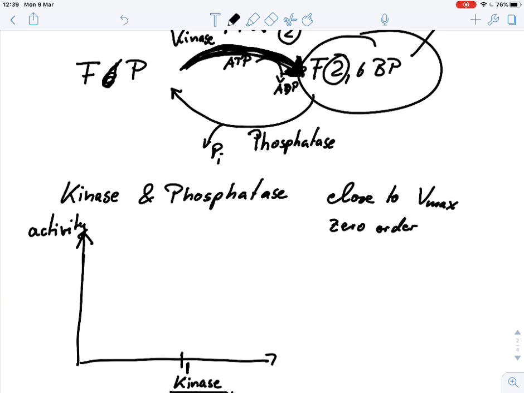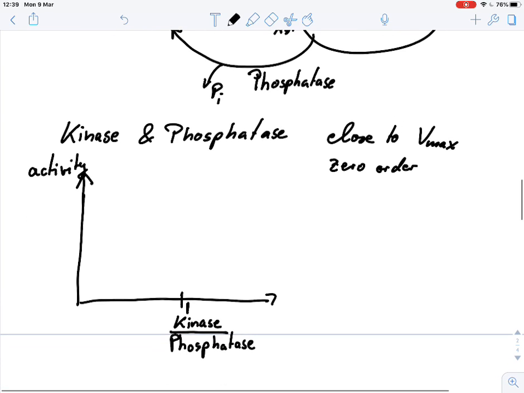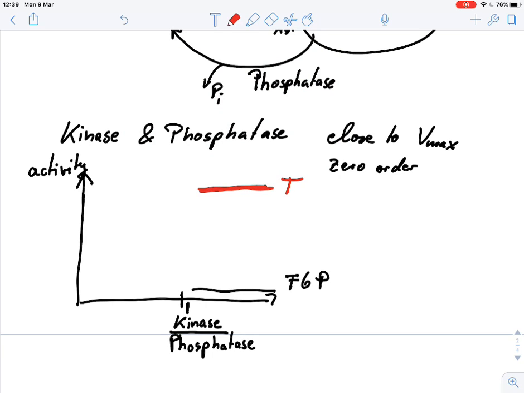We will get that guy. And actually, it turns out we don't get anything of the F6P, because as soon as we produce a little bit of F6P in the reverse reaction, it is immediately converted back to the F26BP. So if kinase over phosphatase is larger than 1, we have basically no F6 phosphate, and we have everything as F26 bisphosphate.